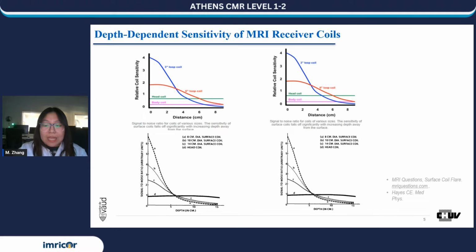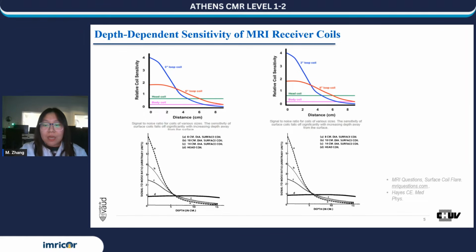And we can see that as the depth increases, the signal-to-noise ratio drops significantly from the surface coil. For surface coils, this means that their sensitivity is the best at the surface, but quickly decays with distance.